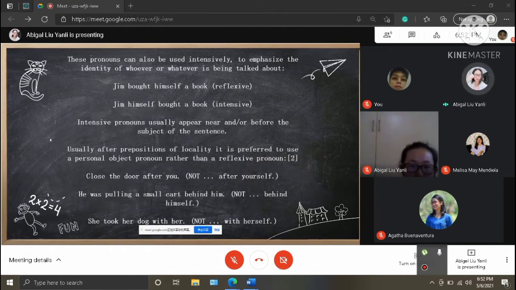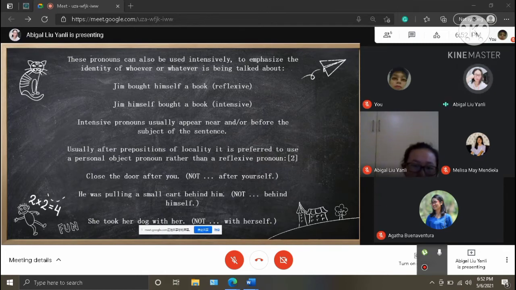These pronouns can also be used intensively to emphasize the identity of whoever or whatever is being talked about. For example, Jim bought himself a book. This is reflexive.